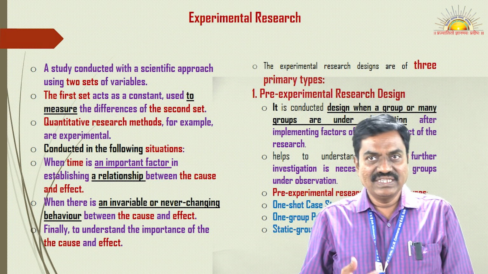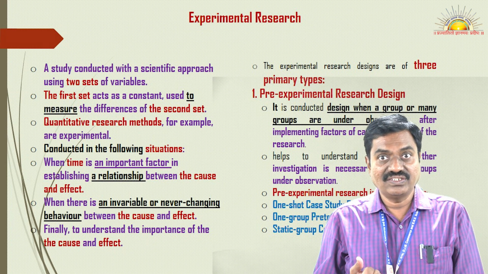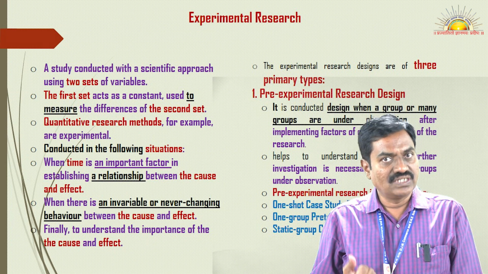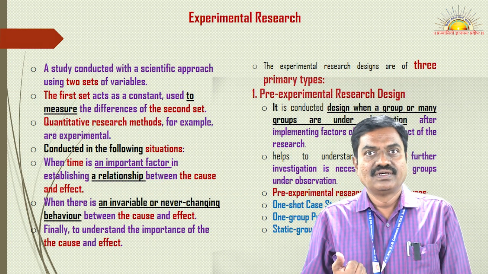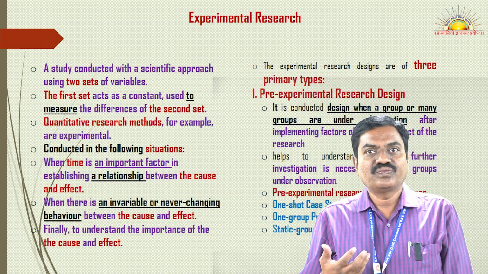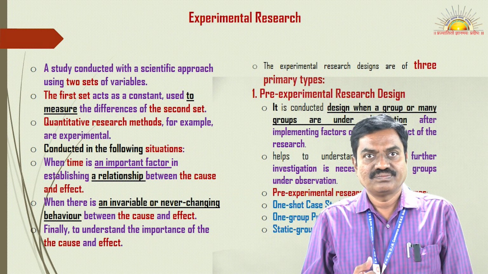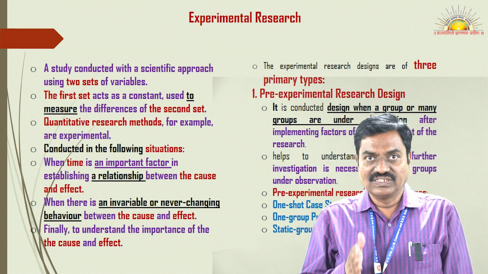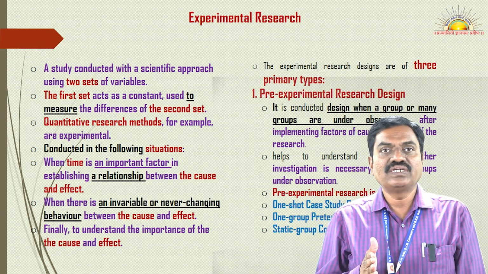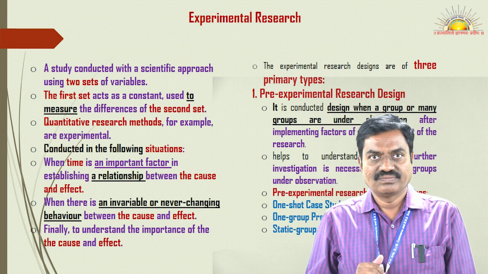Based on the methods used to collect data in experimental studies, the experimental research designs are of three primary types. The first type of experimental research is pre-experimental research design.